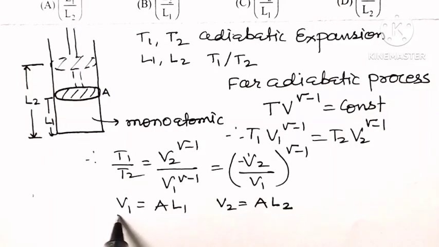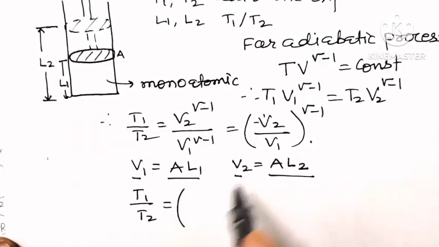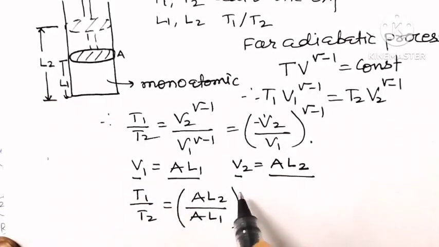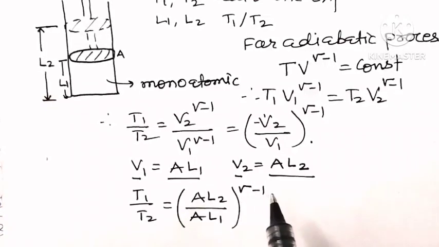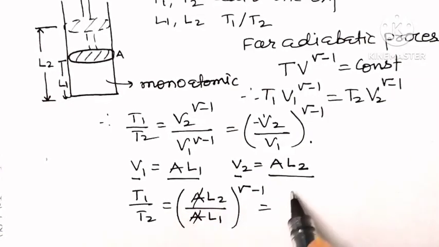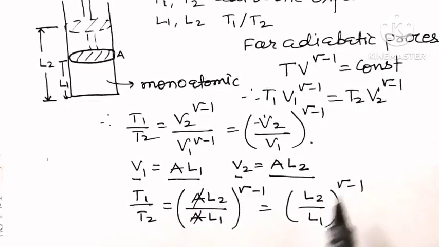So putting V1 equal to A L1 and V2 equal to A L2, T1 upon T2 is equal to A L2 divided by A L1, raised to gamma minus 1. A gets cancelled with A, so this is equal to L2 divided by L1 raised to gamma minus 1.